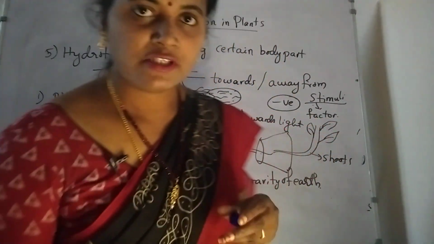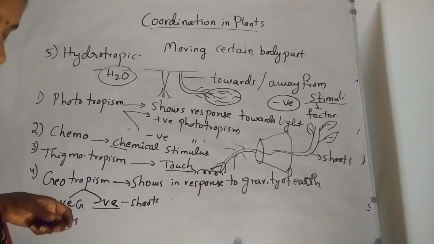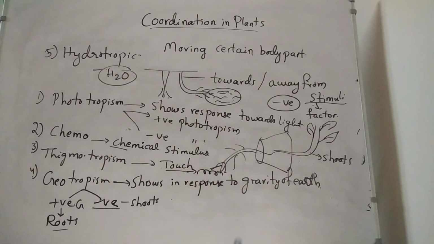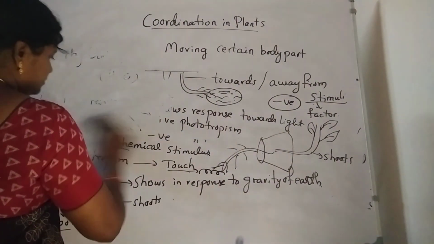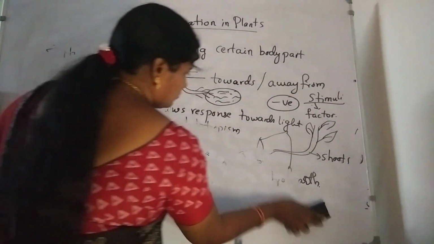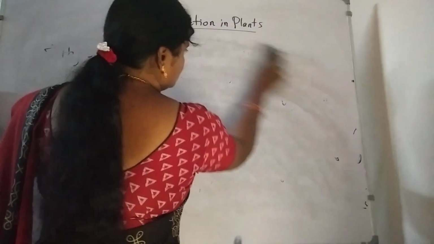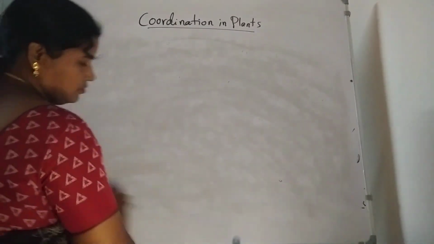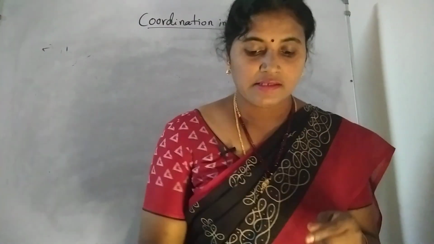And one more thing for coordination. In animals we have nerves, but how do coordination and communication take place in plants?